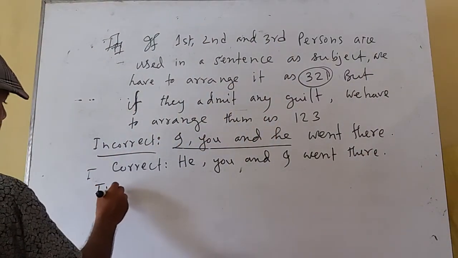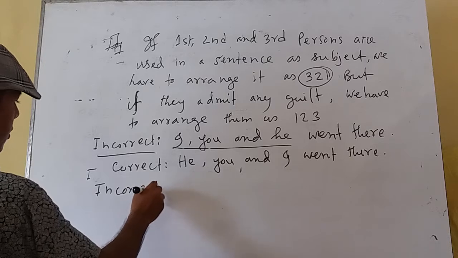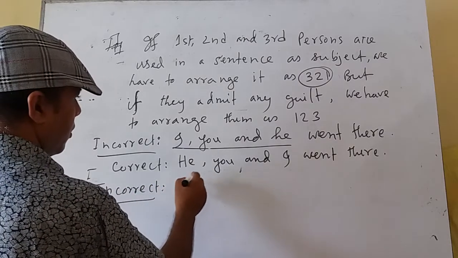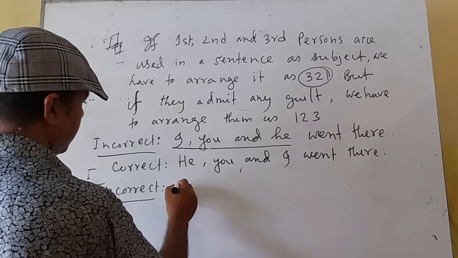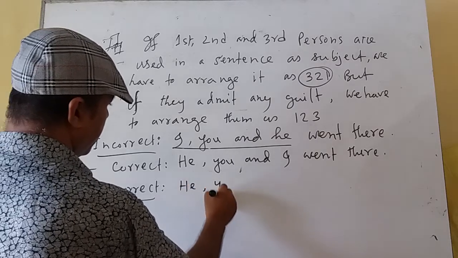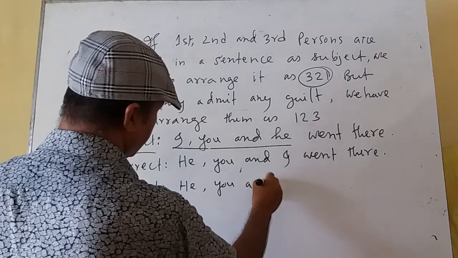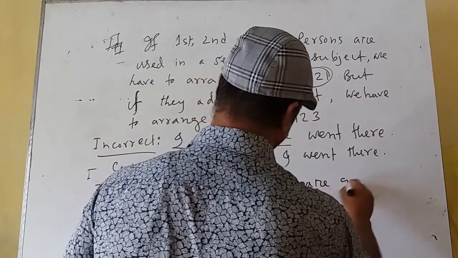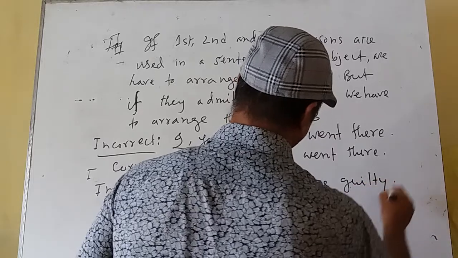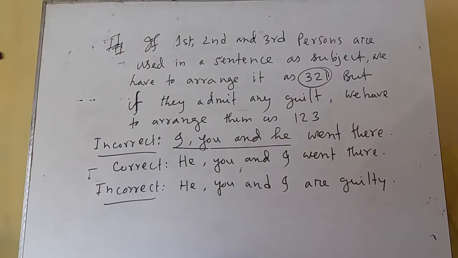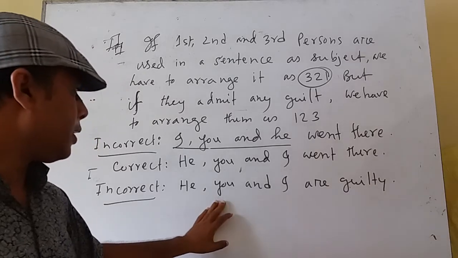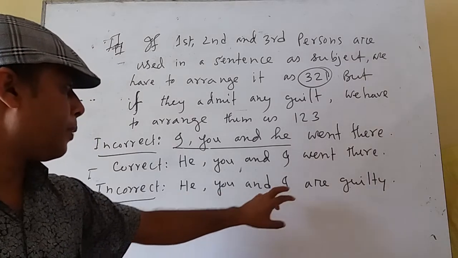Another example: he, you, and I are guilty. Here we find that these persons are admitting their guilt.